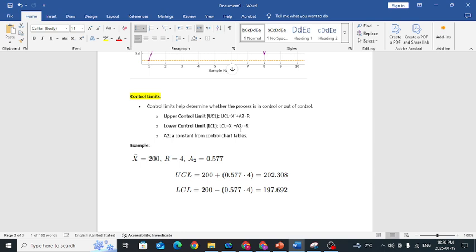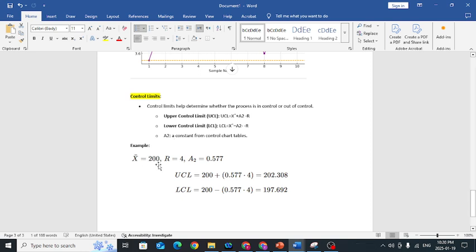For example, if we choose 5 samples, then the A2 number is 0.577 in this table. If your sample size is, for example, 6, the A2 number changes.